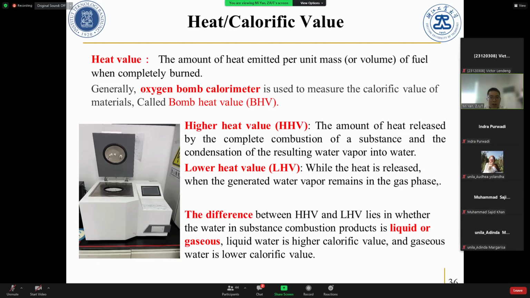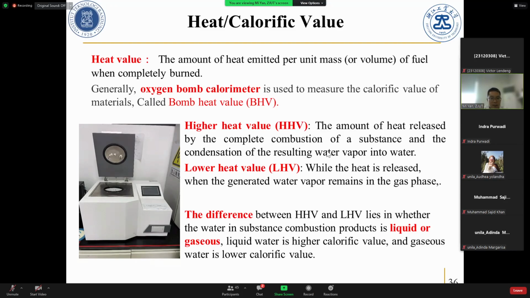And of course, BHV from the machine, we calculate to HHV, the higher heat value, the amount of heat released by the complete combustion of a substance and the condensation of the resulting water vapor into water. For LHV, it is the heat released when the generated water vapor remains in the gas phase.